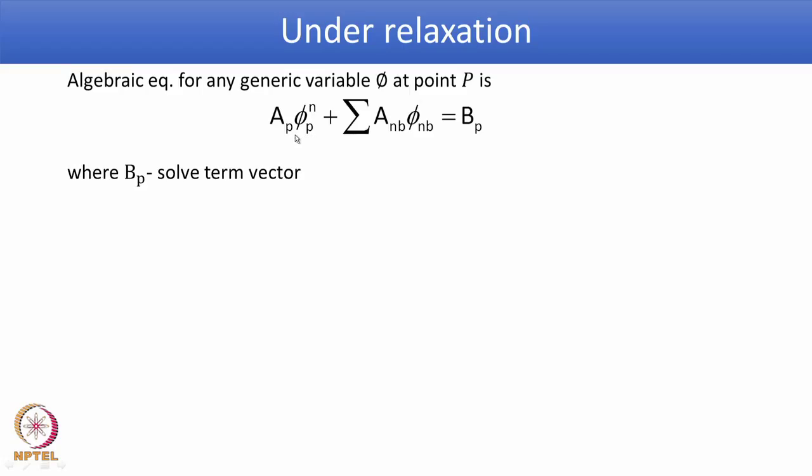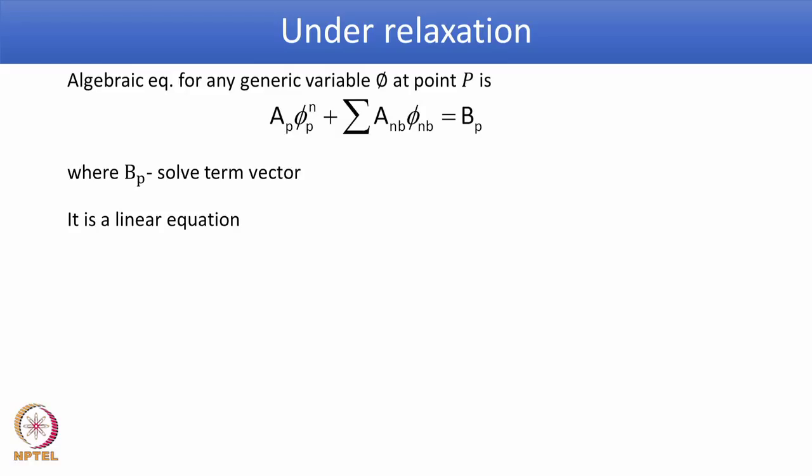In this, the subscript p is used for the node of interest. If you solve this equation, then you get phi at the node of interest p at the current time level n. Now, the question is whether to use that value as it is, or whether you can relax a little bit and then use it for the next iteration. Such a procedure is what is known as an under relaxation procedure.